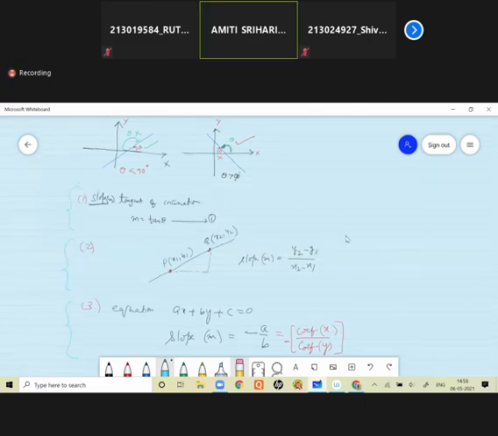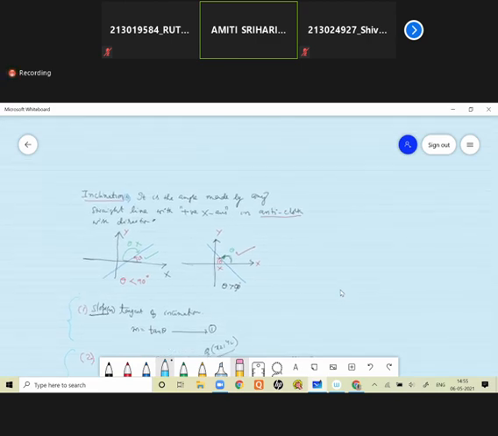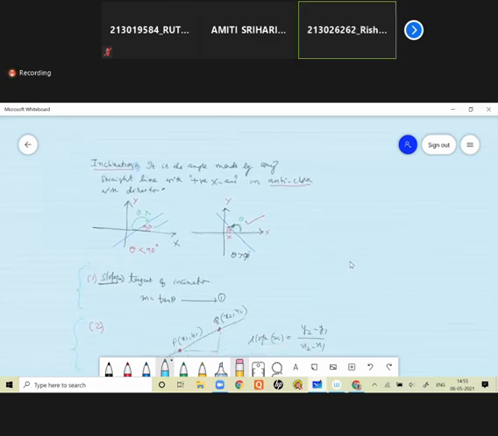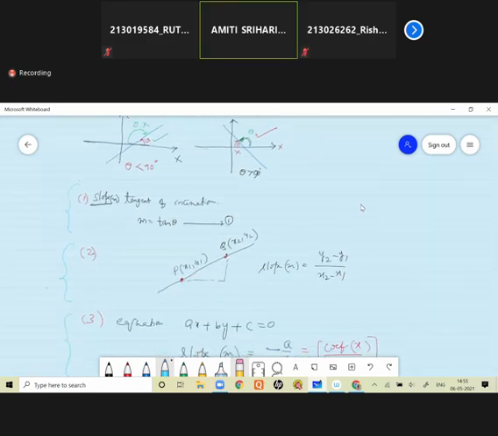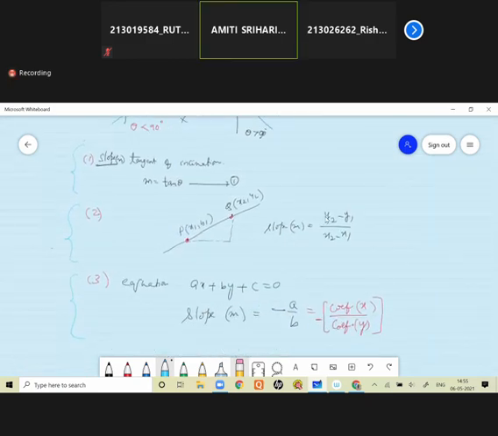Shall I scroll down? Scroll up only, sir. If only the theta value is given, then we should use the first formula, if theta is given as 30 degrees, 40 degrees with the x-axis.